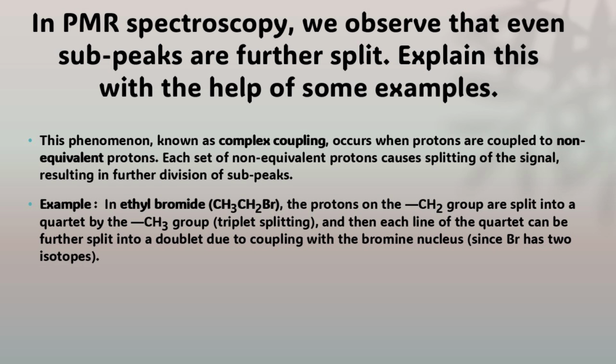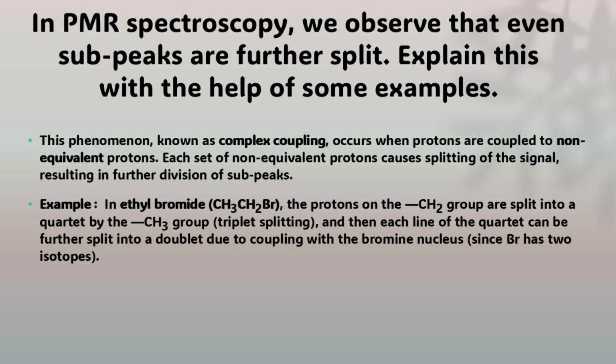The answer to this question is, this phenomenon, known as complex coupling, occurs when protons are coupled to non-equivalent protons. Each set of non-equivalent protons causes splitting of the signal, resulting in further division of subpeaks.